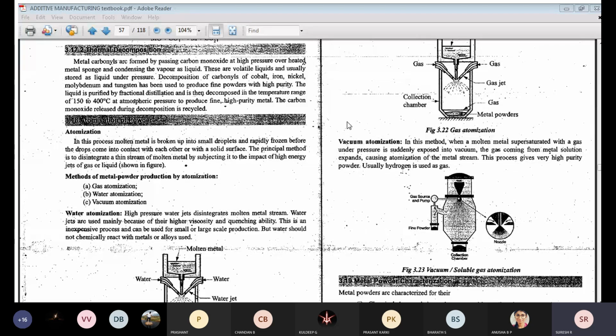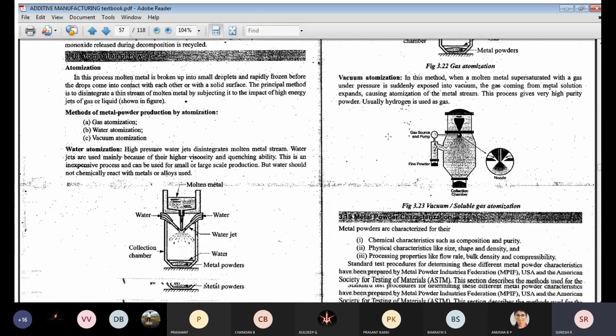That is also possible in this powder metallurgy process. So this is the small concept, the powder metallurgy process.